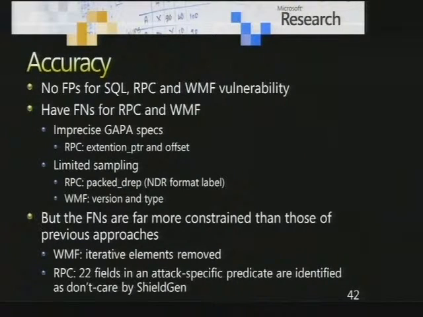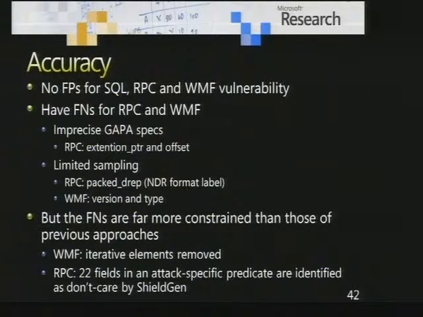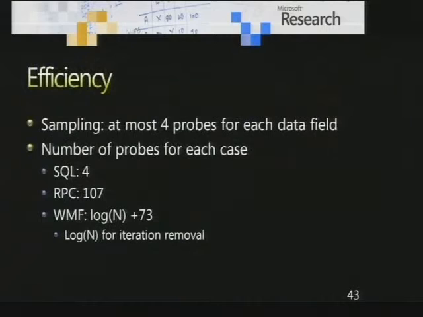You can have a 10,000 byte file or a 1,000 byte file. At the end, we find out our signature says you need at least 112, 118 bytes that will exploit the input. And for RPC, we find out 22 fields are don't care fields, and previous solutions will give a specific condition on those.